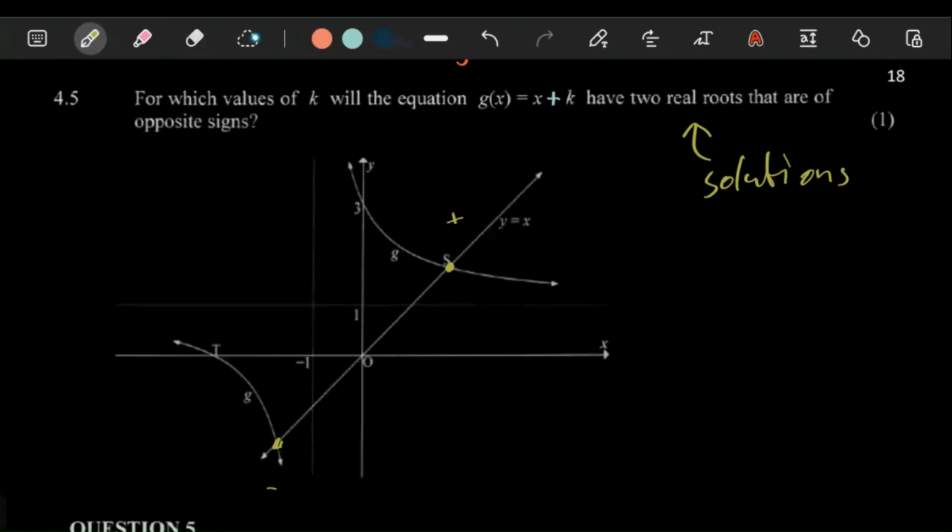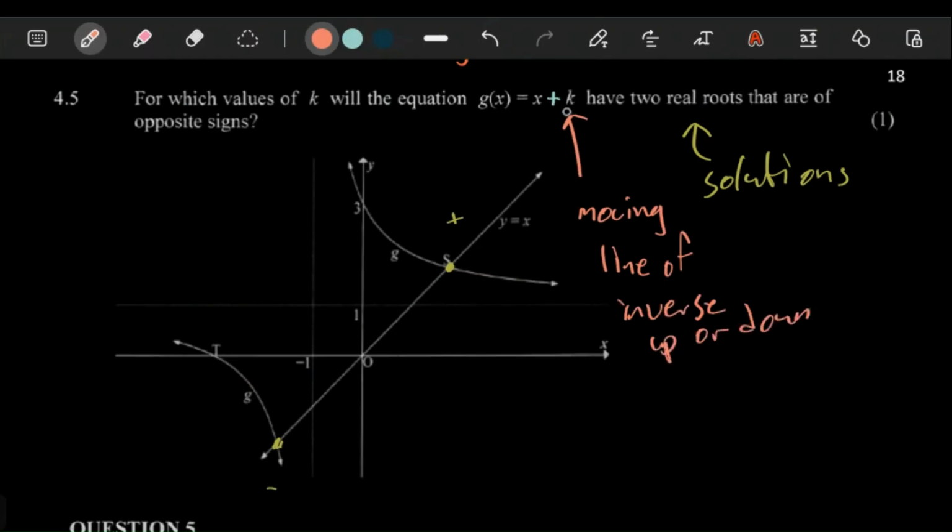Now k is moving this scenario up or down. This one is moving the straight line up or down, moving the line of inverse up or down.